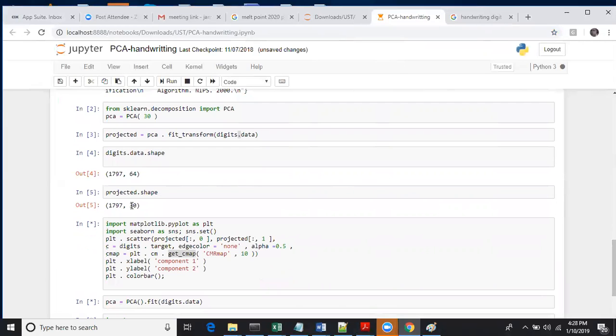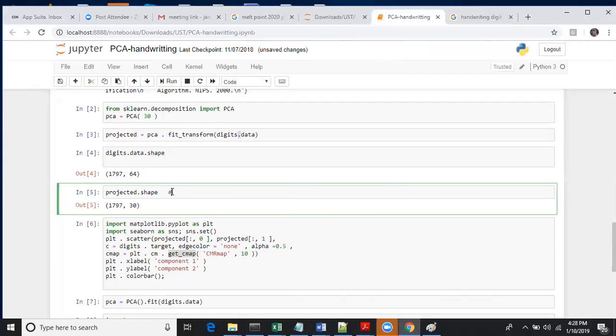Looking at that, we wanted to keep 98% of the data. We keep 98% of the information with 30 principal components.